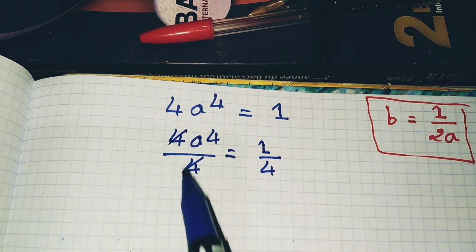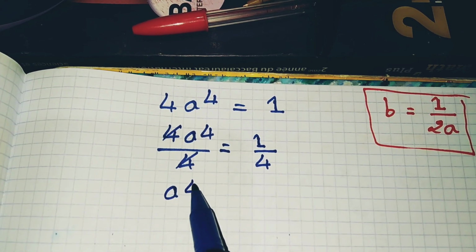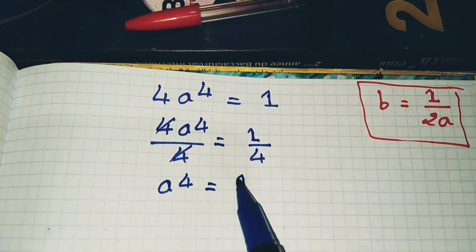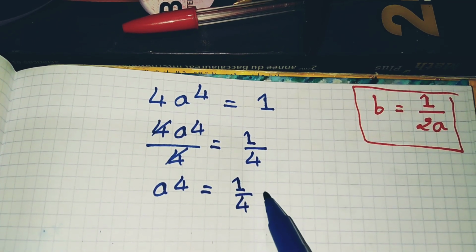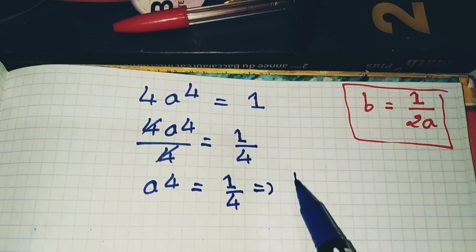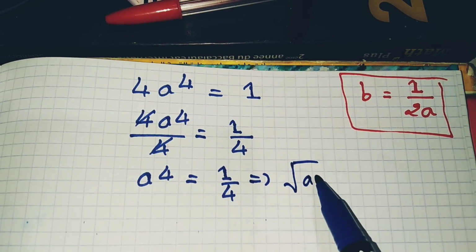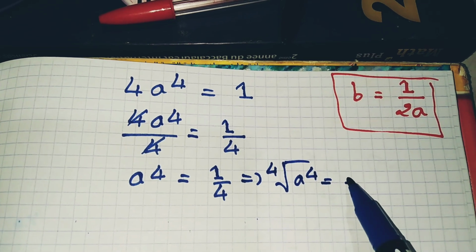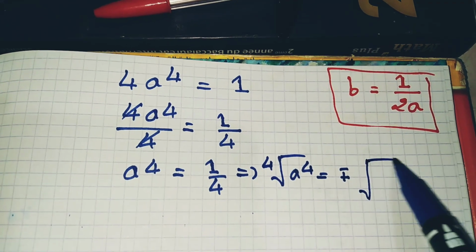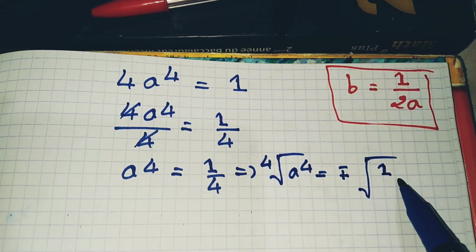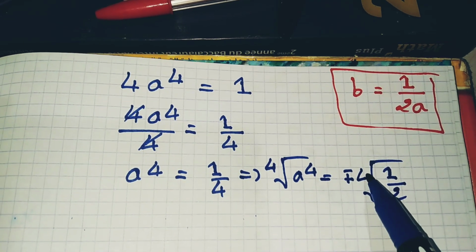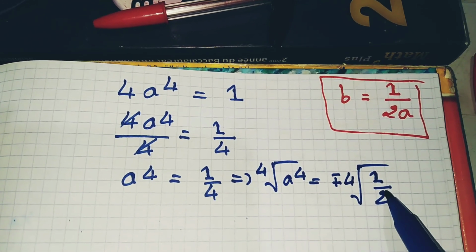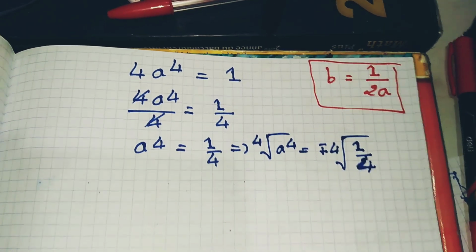We simplify, so a to the power 4 is equal to 1 over 4. So the fourth root of a to the power 4 is equal to plus or minus the fourth root of 1 over 4.